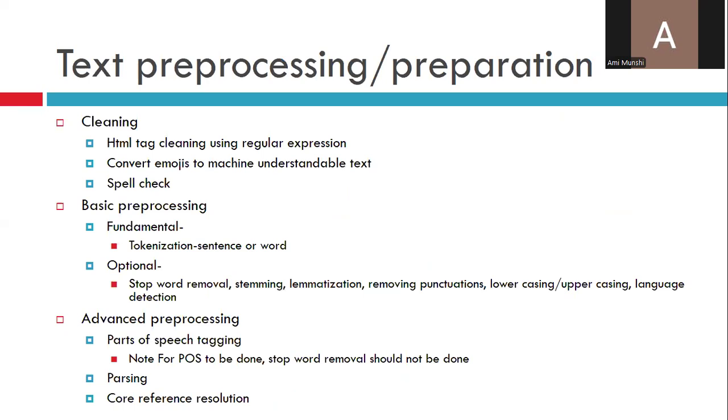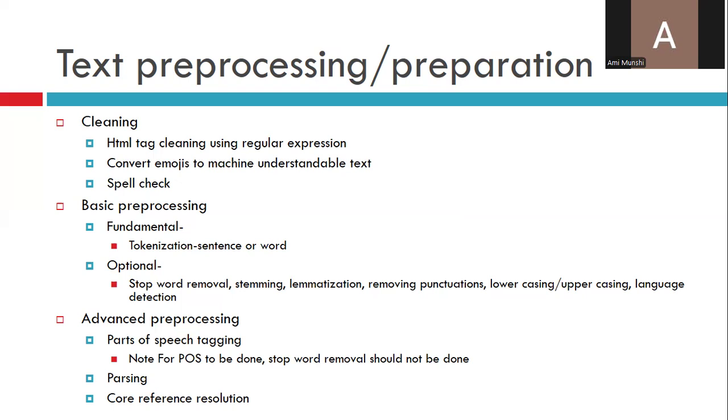The next step is text pre-processing. So here we clean the data, because sometimes, for example, if we take data from surveys, there are many blanks which are not filled. Many answers are not given. Or sometimes in a field, there might be unwanted characters. Like if the field is for text and somebody might have given numbers instead of alphabets. So in that case, we require some kind of cleaning.